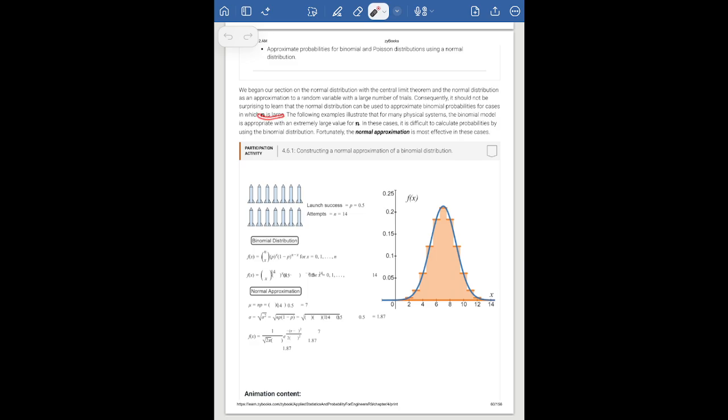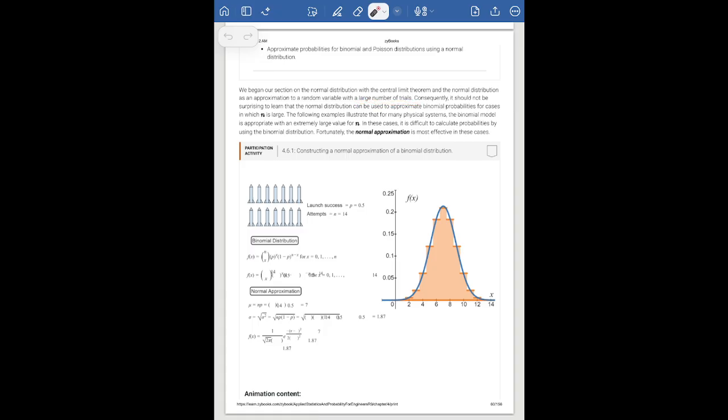When n is large, in the normal distribution section, we had the central limit theorem and the normal distribution as an approximation to a random variable with a large number of trials, right?